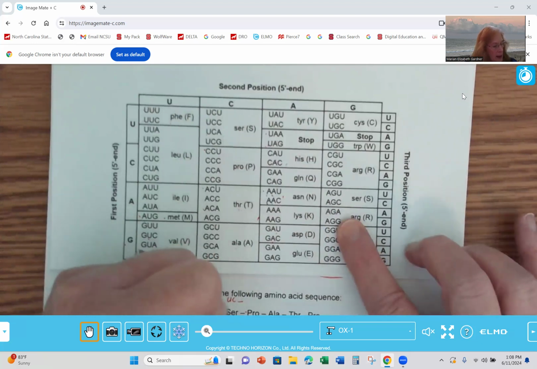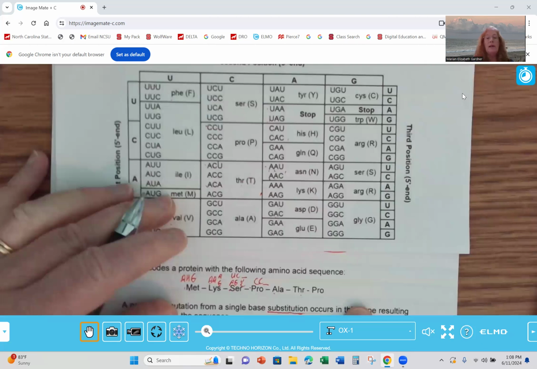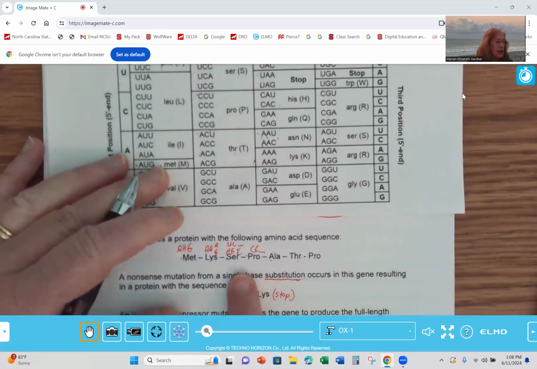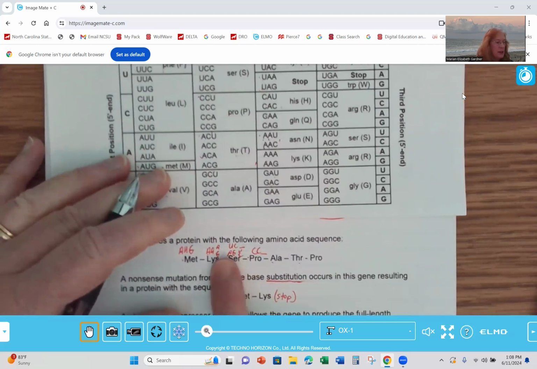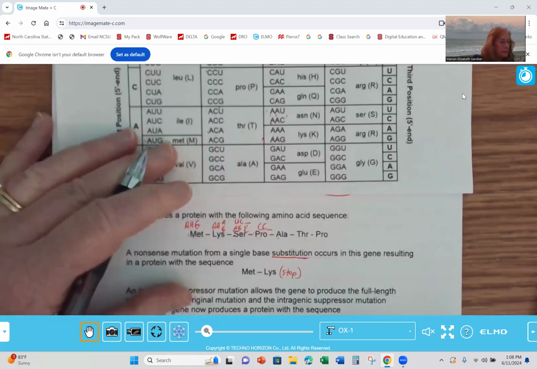And proline CC anything. Now, I'm not going to write the rest of it. There's nothing wrong with writing the rest of it. I'm just going to save a little bit of time because I know that my mistake happened somewhere in here, and my other mistake that got us back on track also happened somewhere in there.